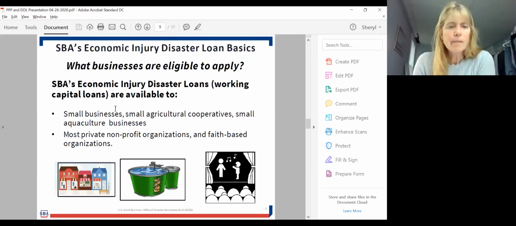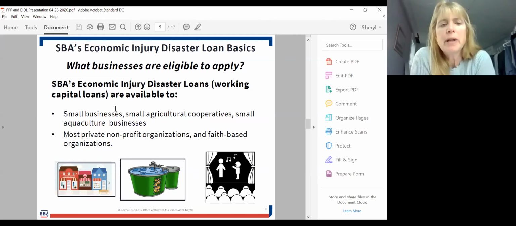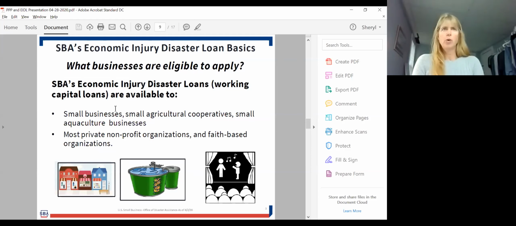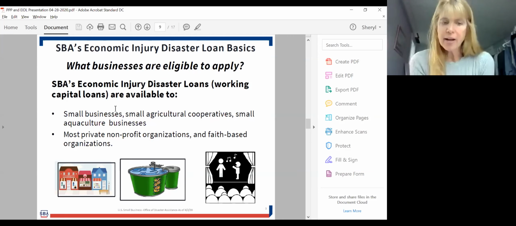Let's see. And what businesses are eligible to apply? I've gotten a lot of questions on the word cooperative. I want to make sure people know that this is an agricultural cooperative. Residential cooperatives are not a business entity. It's more of a residential entity.